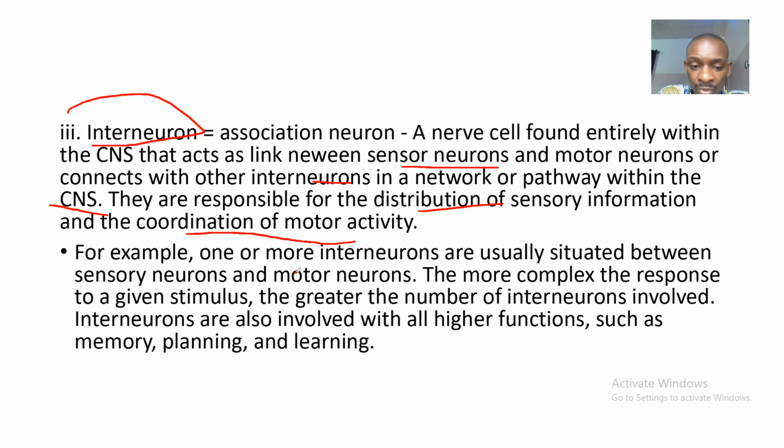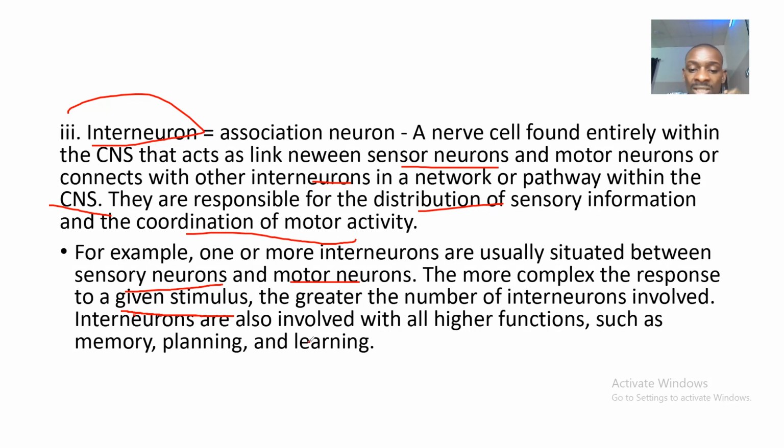For example, one or more interneurons are usually situated between sensory neurons and the motor neurons. So the interneurons are like mediators between the sensory neurons and the motor neurons. The more complex the response is to a given stimulus, the greater the number of interneurons involved.